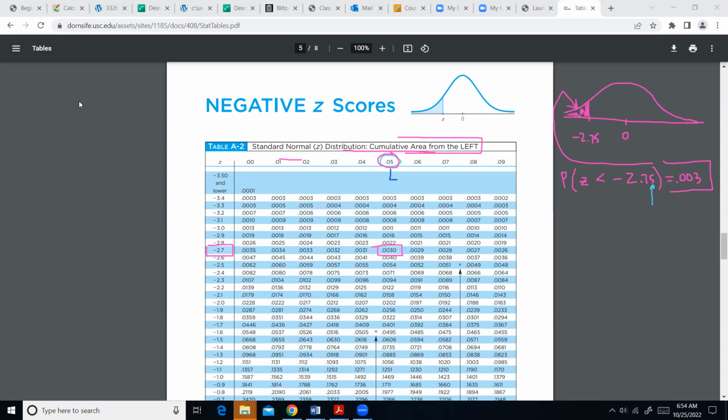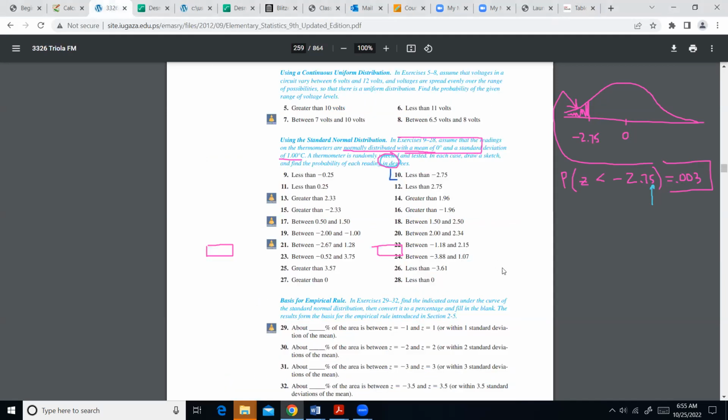So it looks like we have the tables here, and we see how we use them. We see where the row and the columns meet. So let me go back to the textbook and do another problem to refresh your memories on how to use tables.